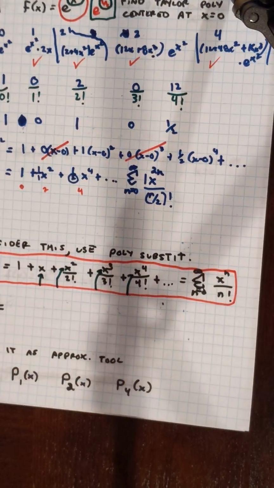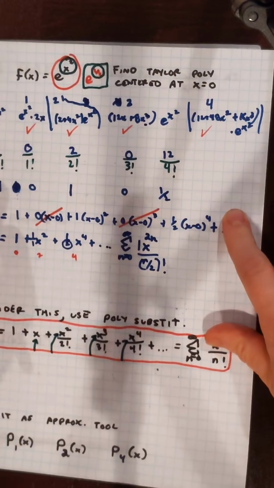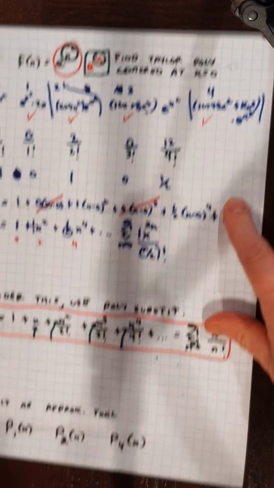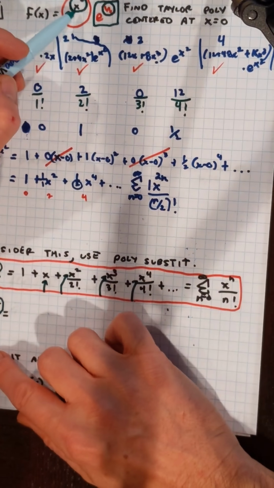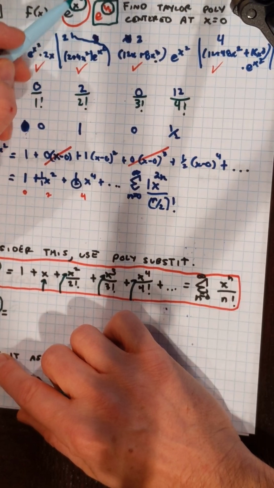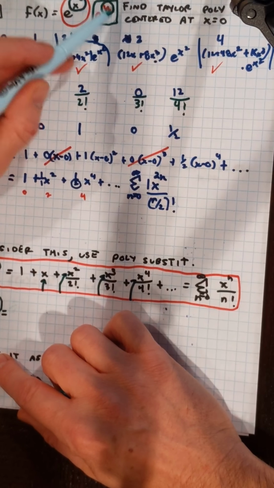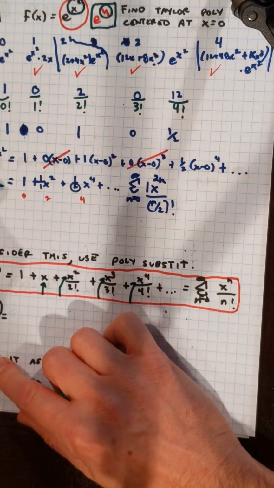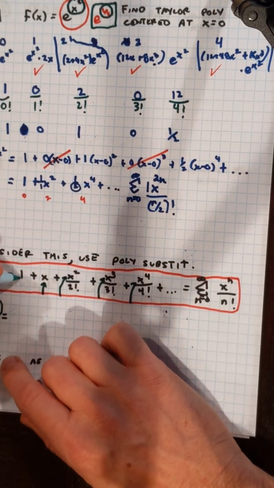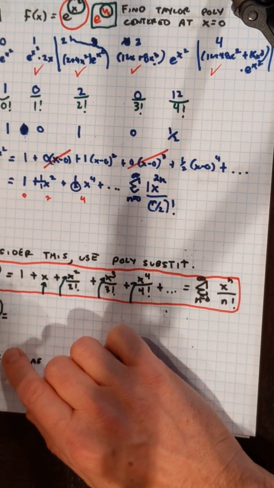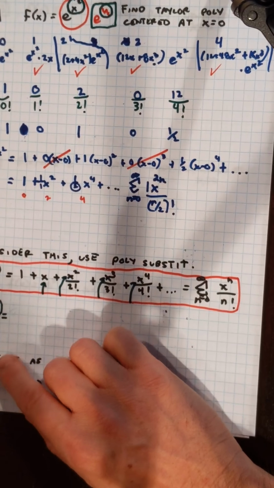So the easy way to do this problem is not to do the repeated derivative of something very complicated. It's to look at the function and ignore the polynomial part, focus on the non-polynomial part, take its Taylor series polynomial, create that, and then all I have to do is substitute in the x squared wherever I have an x.